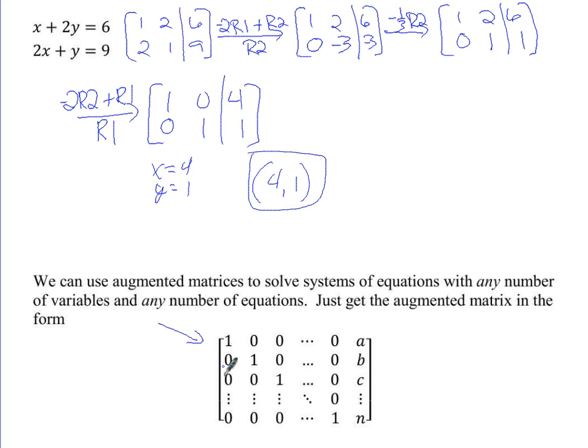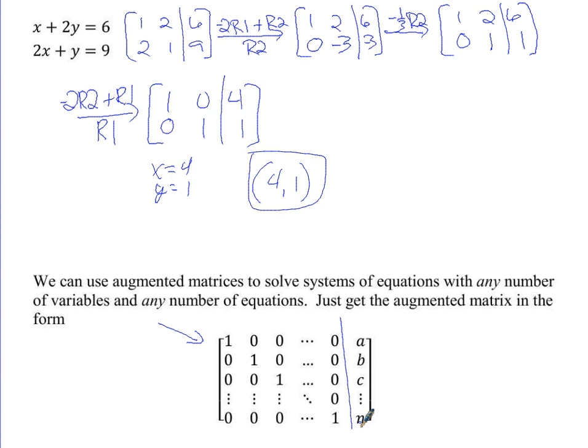I have 1, 2, 3, 4, I don't know how many rows that is. I have a bunch of columns as well, but the result is always the same. You wind up with an identity here, all 1s along the main diagonal, all 0s everywhere else, and then your answers are sitting right there as an ordered triple or an ordered quadruple or whatever it is.